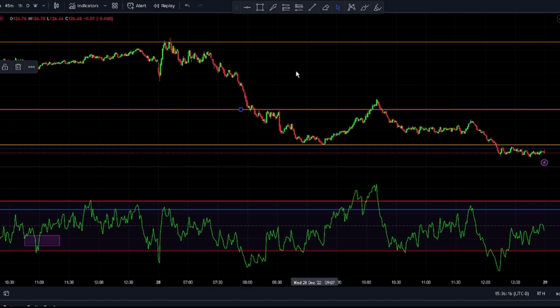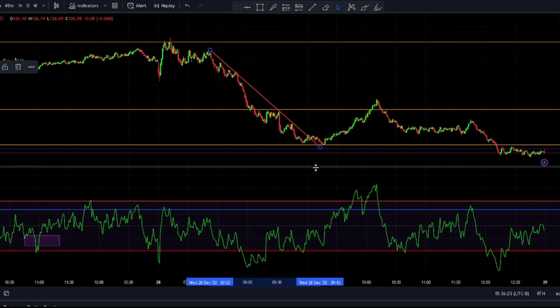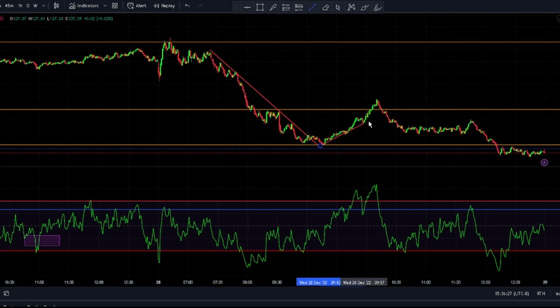What we want to do next is draw our trend line. I'm assuming this is our trend for that time frame, and this was the trend for that time frame. We don't care about anything else.